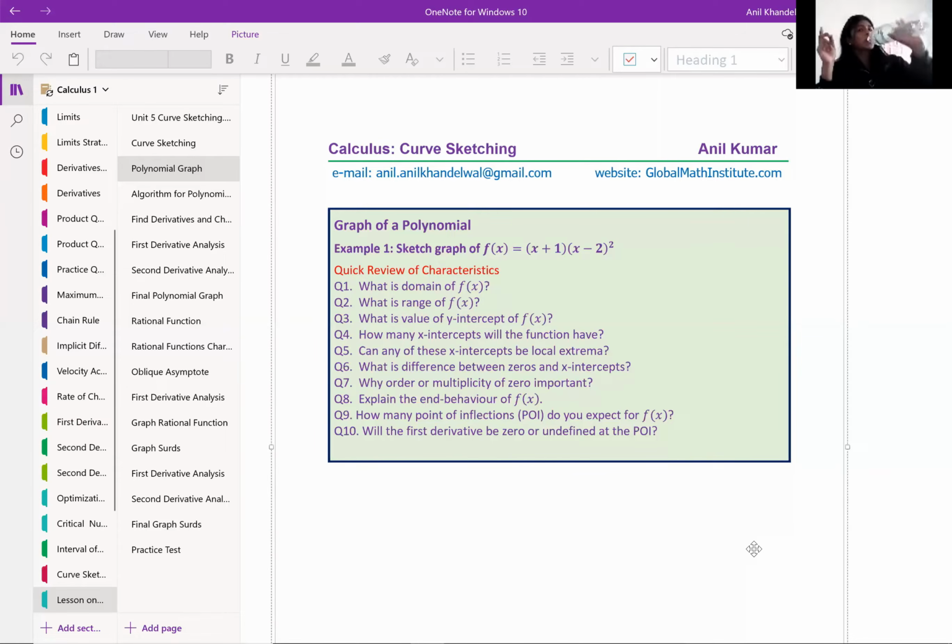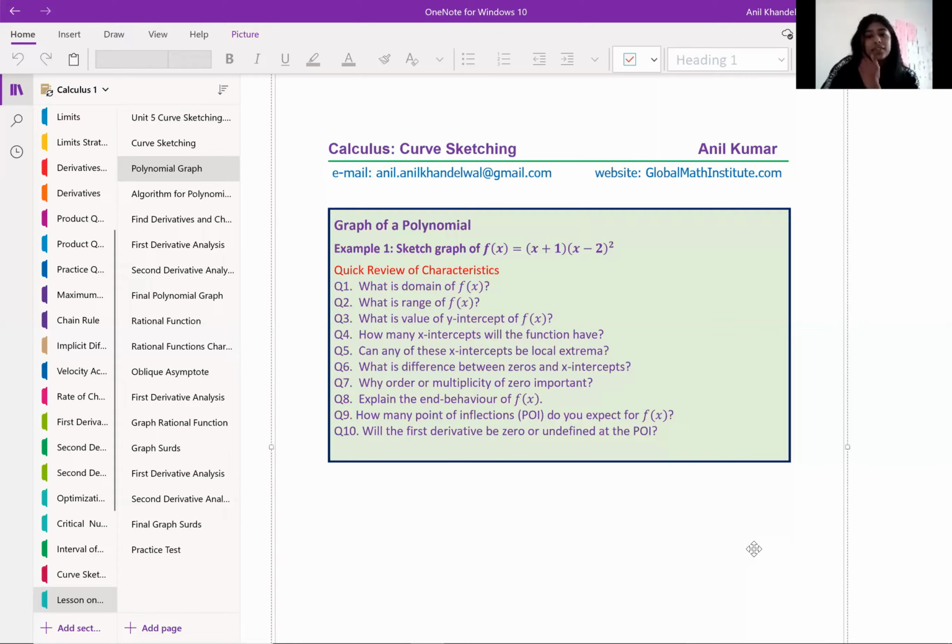Okay. So if you look into the zeros, −1 is on the left side and 2 is on the right side. So it will start from quadrant 3, hit −1, go across above the x-axis, come back and return, and then bounce back from 2, right? So we have a local minimum at 2. Does it make sense?